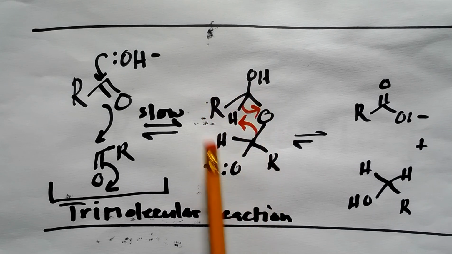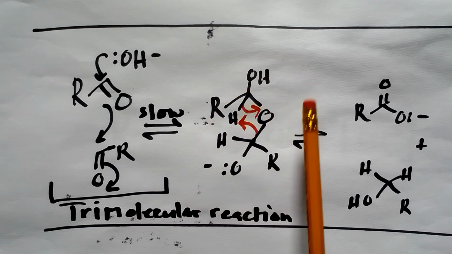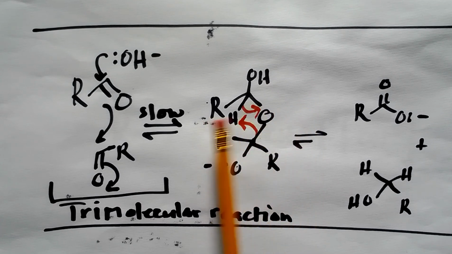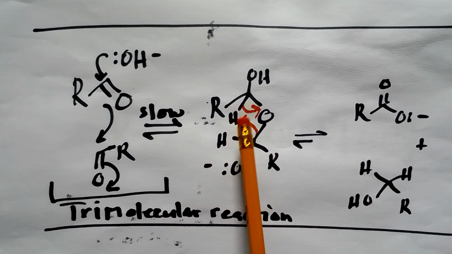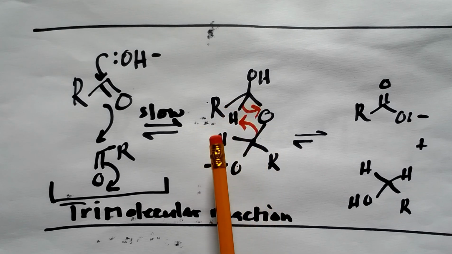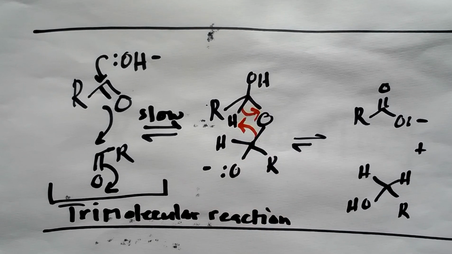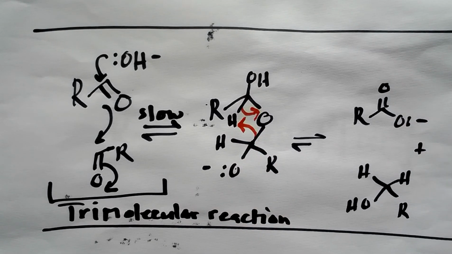So in this step, unlike in the usual mechanism, we do not have a hydride transfer between aldehydes, but rather an intramolecular reaction which moves the hydrogen from this carbon to that carbon, producing, of course, the acid and the alcohol.